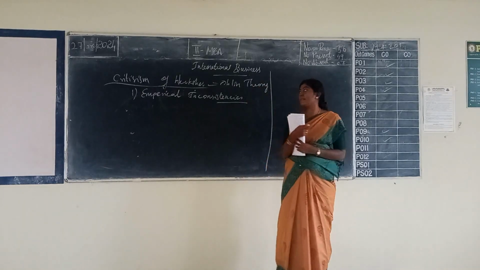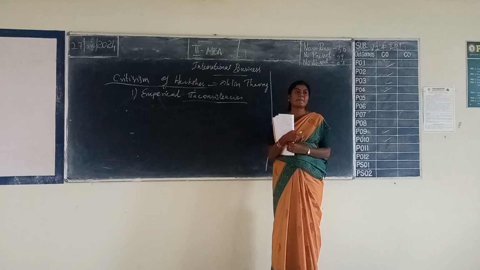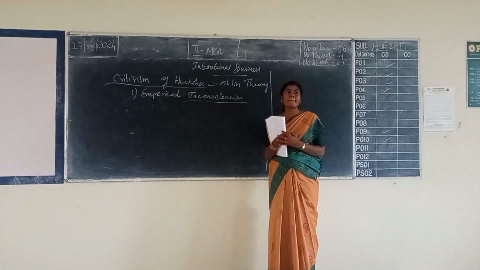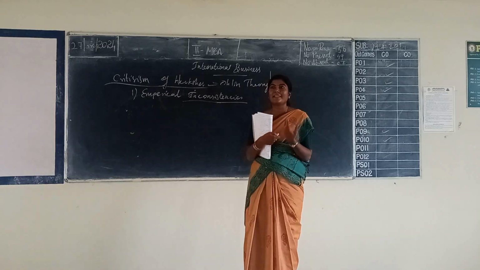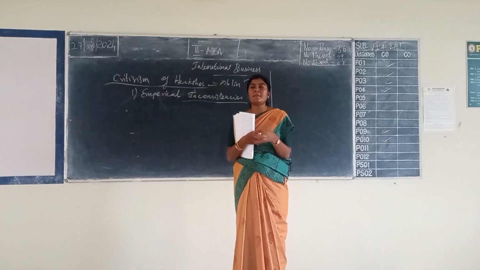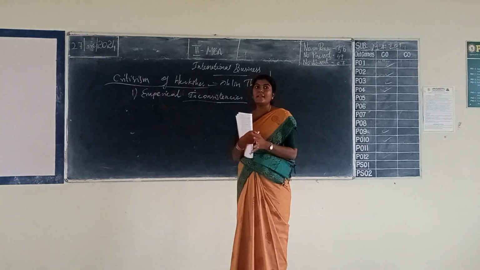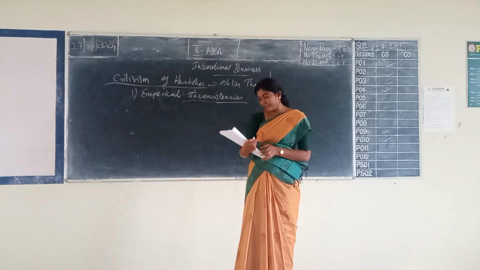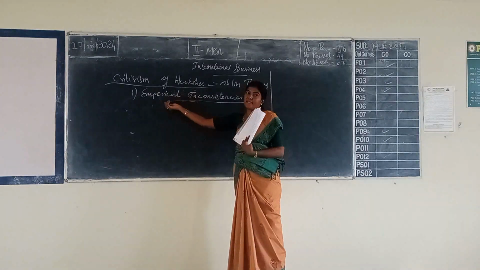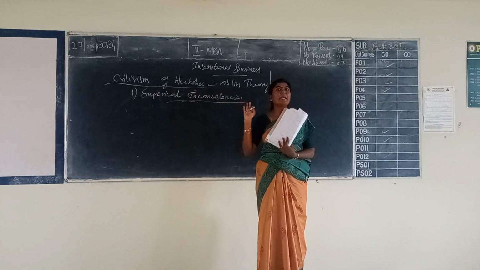Empirical inconsistencies. What is the meaning of inconsistent? Consistent and continuous: same output every time. Inconsistent: not the same. So here empirical inconsistent means, like we have seen, developed nations are capital intensive.